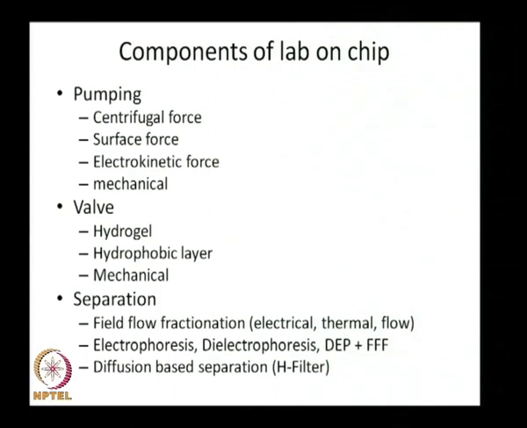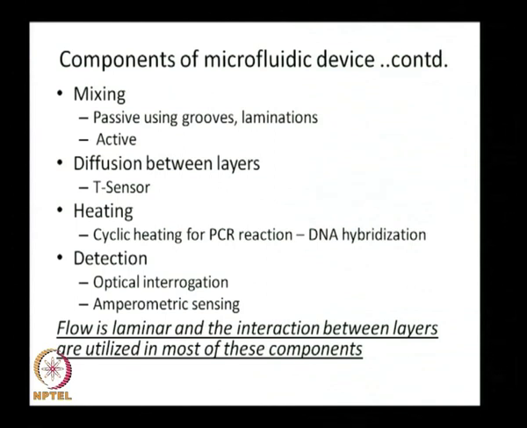Then there has to be some separation modules. In conventional chemical engineering operations, separation is a major operation. It can be separation of particulates from a liquid stream, or other types of separations as well. That has to be accomplished inside the chip. I will go into the details of these, but let me first point out what other components are there.